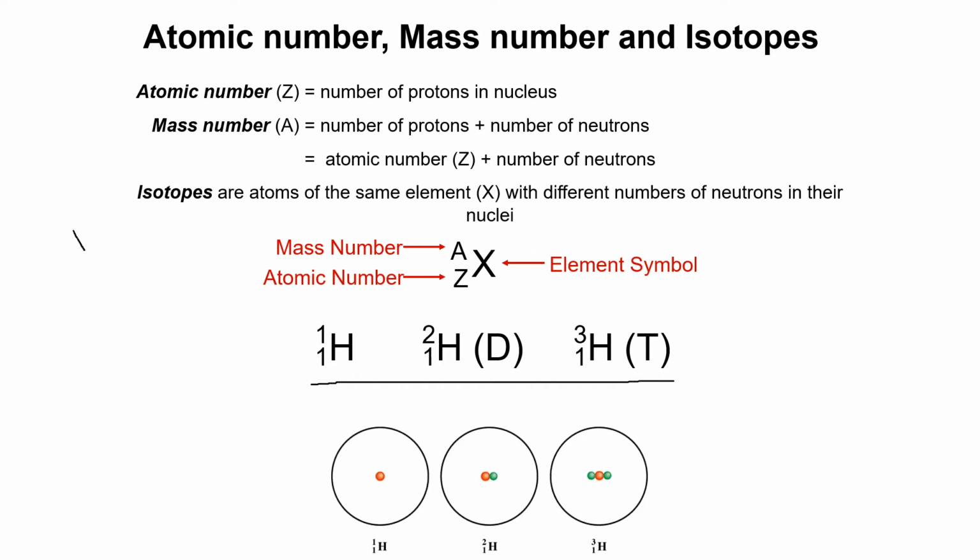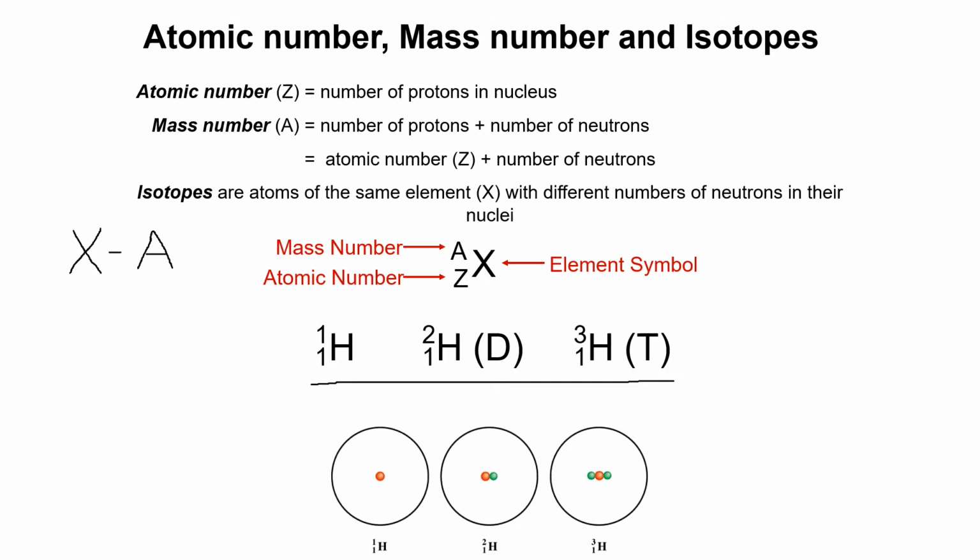We could also just use the isotopic symbol, a dash, and the mass number. So that's another way to represent an isotope.